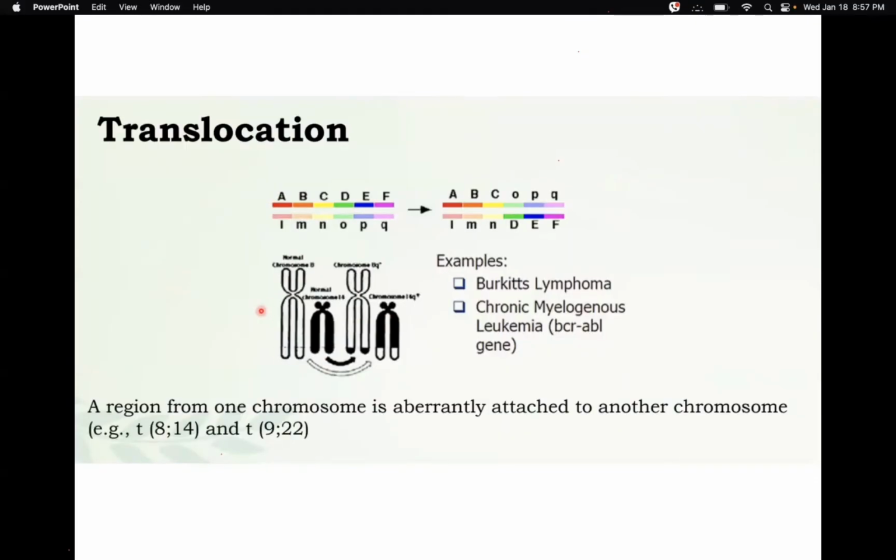Okay, since homologous sila, nagkaroon ng aberrantly attached to another one chromosome, nagkaroon ng exchange. Okay? Nagkaroon po ng exchange yung chromosome instead na yung code dito, okay, na nandito, napunta po siya dito. So, ganun po siya. So, that is what you call your translocation.